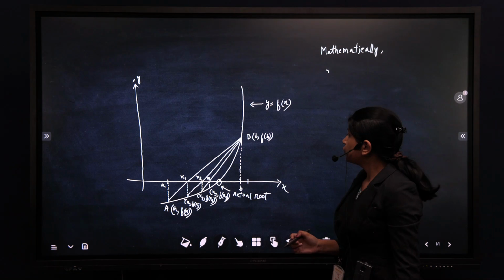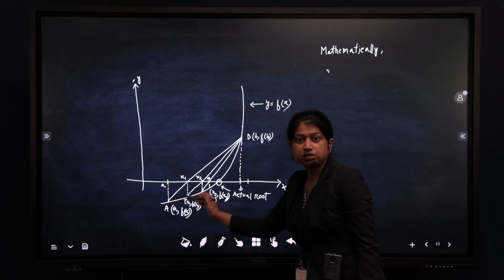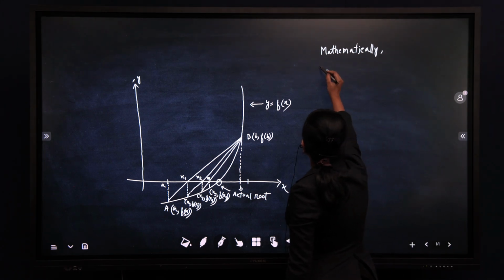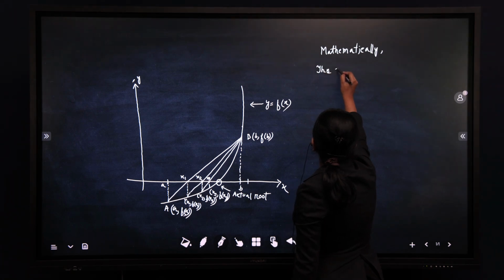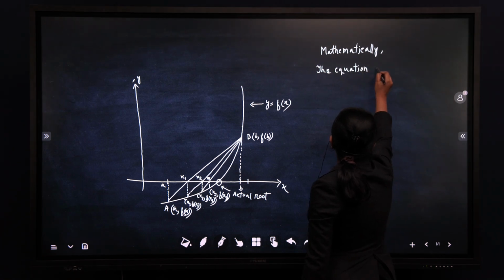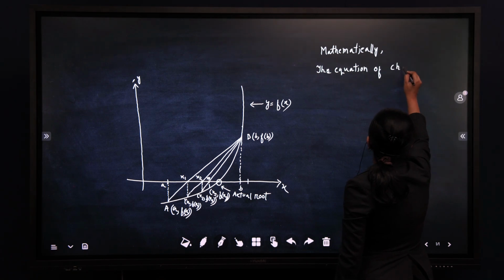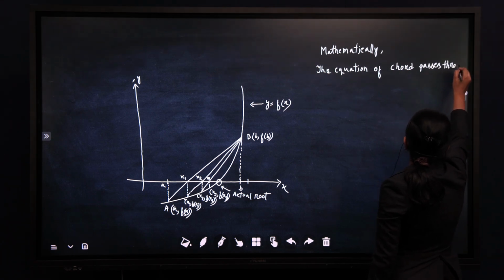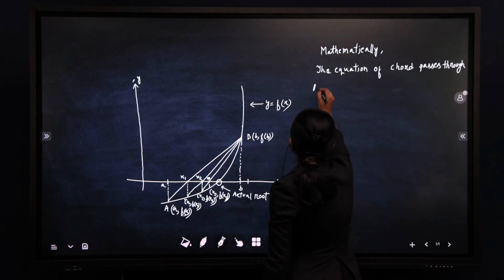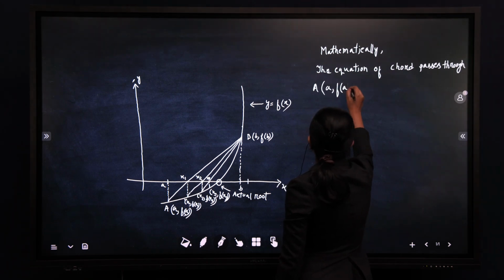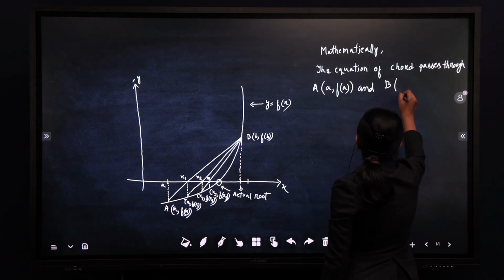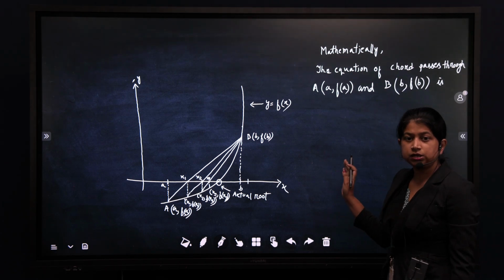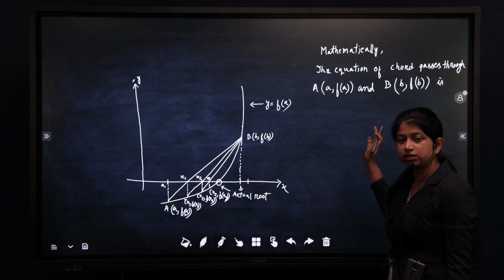So mathematically, we know that a straight line passes through 2 points A and B. The equation of the chord passing through A, f of A and B, f of B is given by y minus y1 equal to y2 minus y1 by x2 minus x1 into x minus x1.